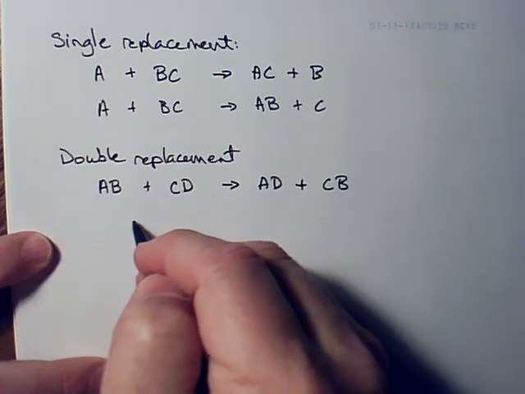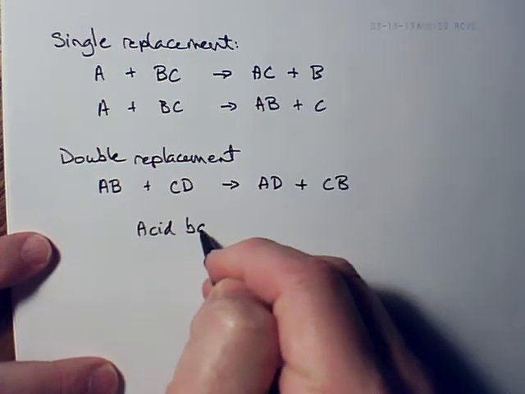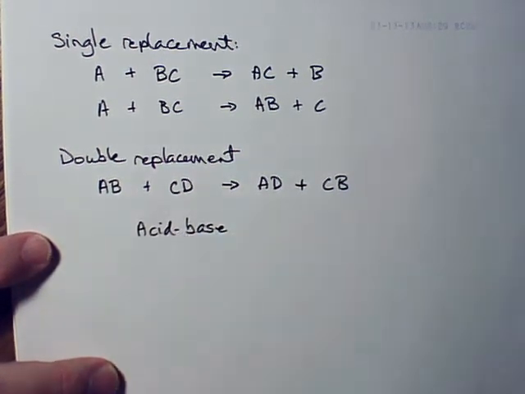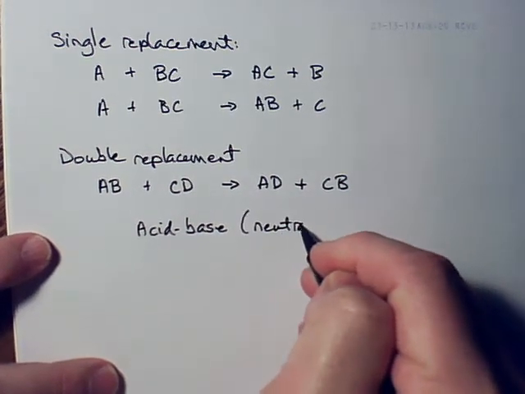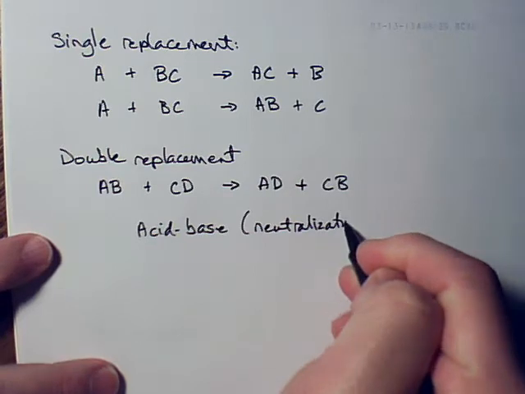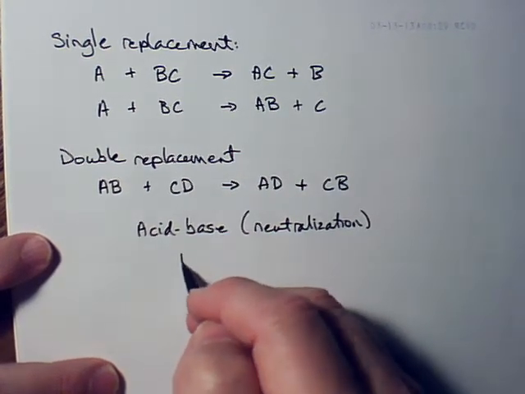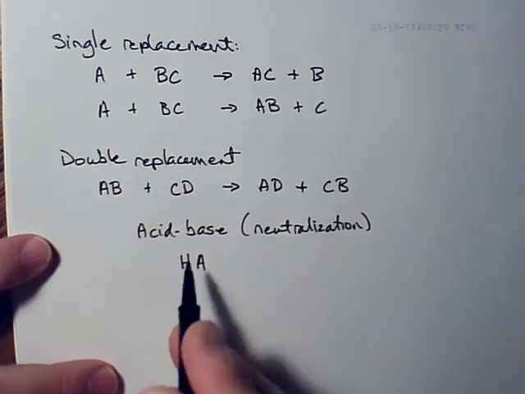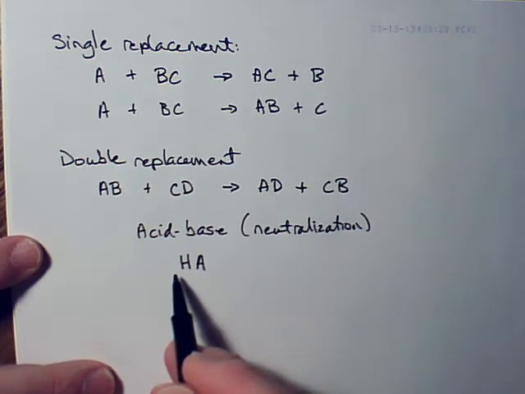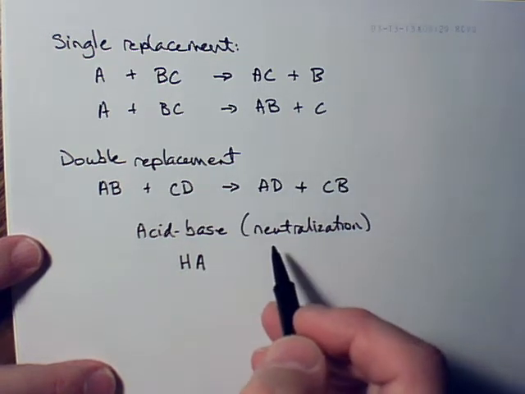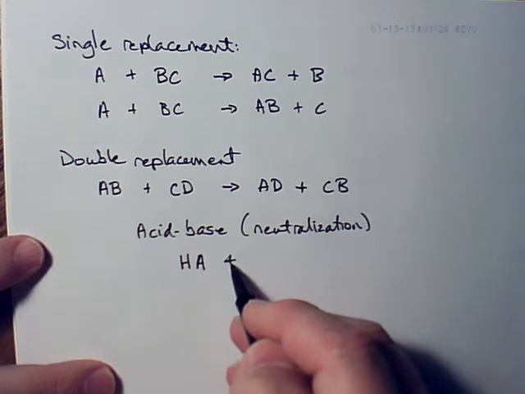Then we have a subcategory under double replacement we called acid-base, okay, or neutralization. And in that case, you always have an acid. We symbolize that as HA because all acids have hydrogen on the front, at least in the Arrhenius definition we use at this point in time in this class.